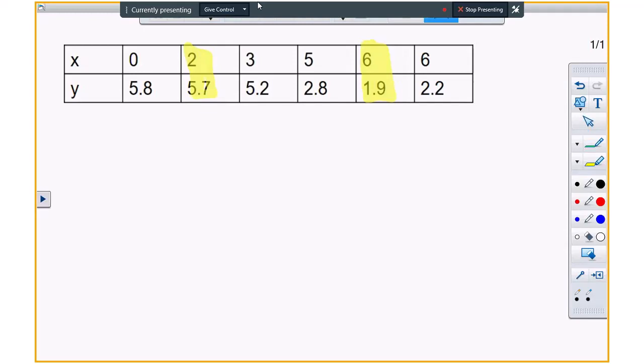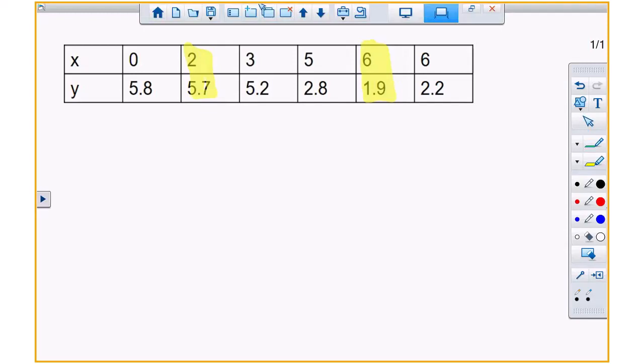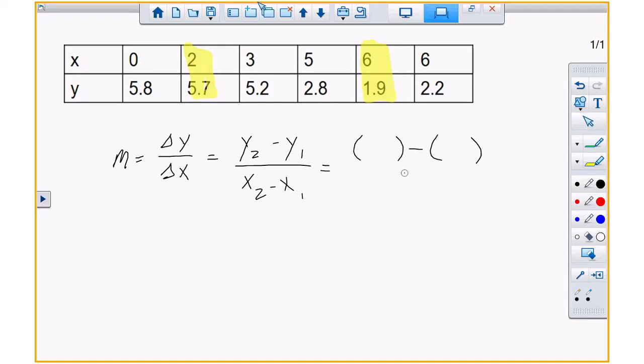So slope is equal to delta y over delta x, which is equal to y sub 2 minus y sub 1 over x sub 2 minus x sub 1, which is equal to parenthesis minus parenthesis over parenthesis minus parenthesis. And you know I've got 3.5 degrees and I still use these parentheses.